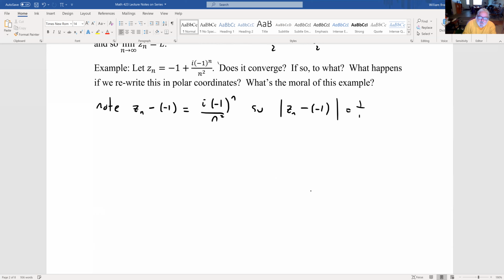If we look at our sequence Z sub n, and we say, okay, well, Z sub n minus 1, this can be made as small as we want.